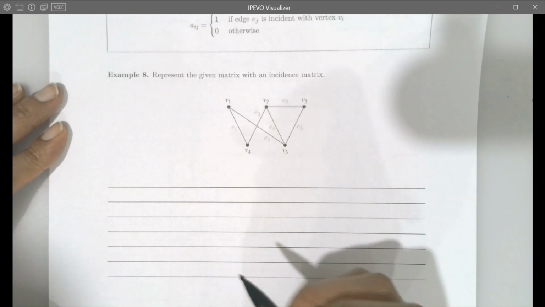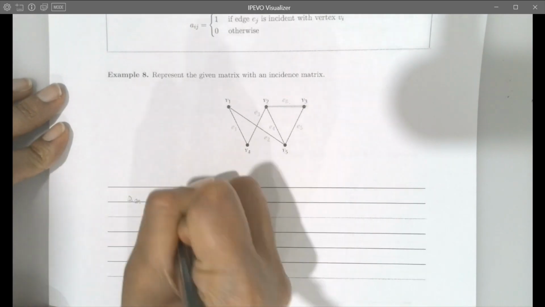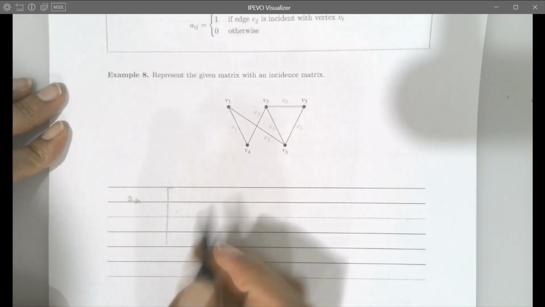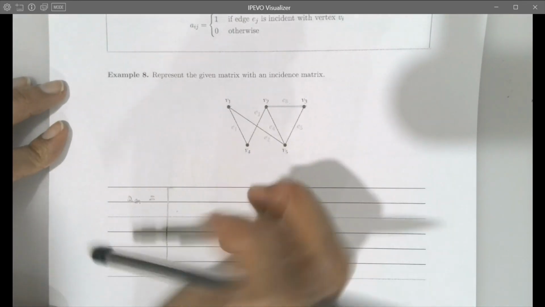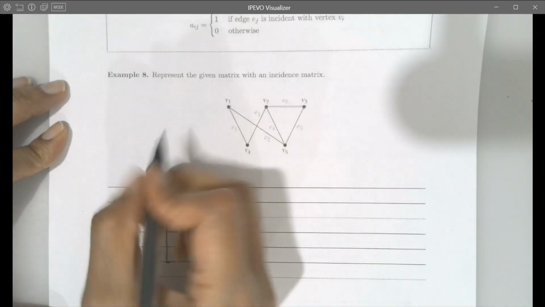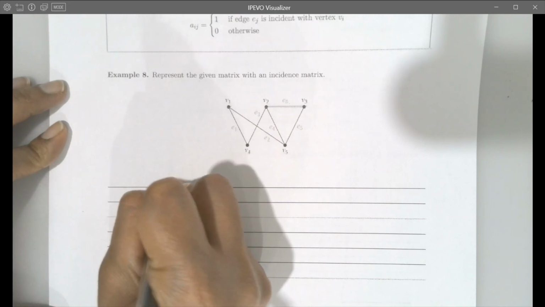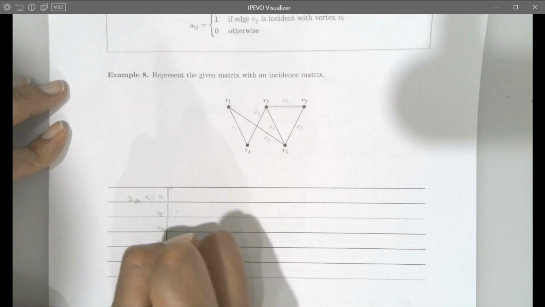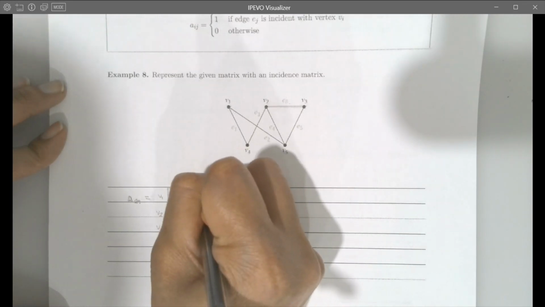So we're going to have a 5 by 6. I'll make sure to have 5 rows and 6 columns. And here on the side, as a reminder, the rows represent the vertices V1 through V5, and the columns represent the edges E1 through E6.